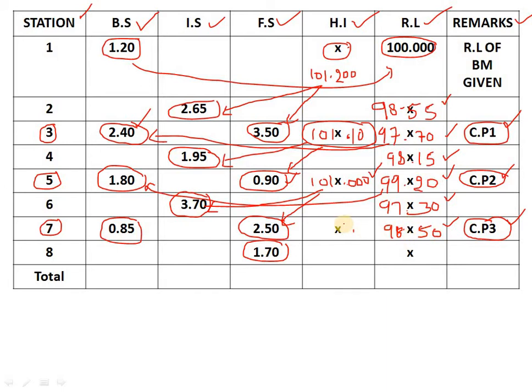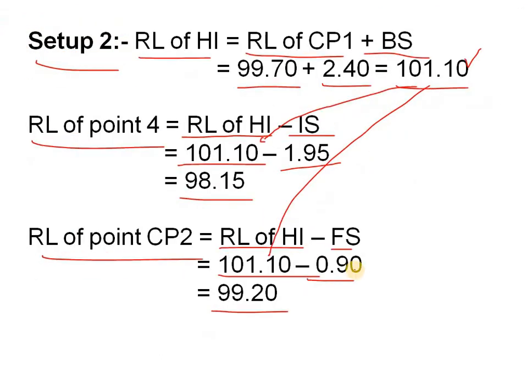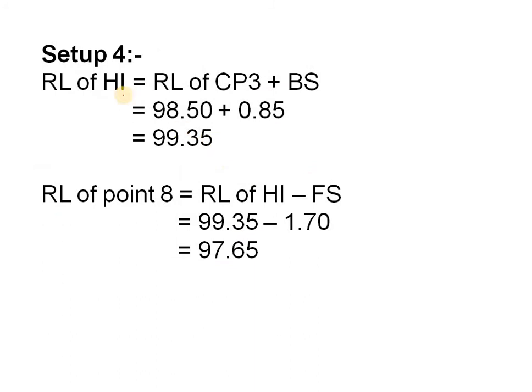Now finally we can calculate the height of the instrument at the 7th point. Same formula: RL of station plus BS. How much RL do we have here? We got 98.50 plus the backsight 0.85. So the height of instrument at set 4 is RL of CP3 plus backsight, equal to 98.50 plus 0.85.